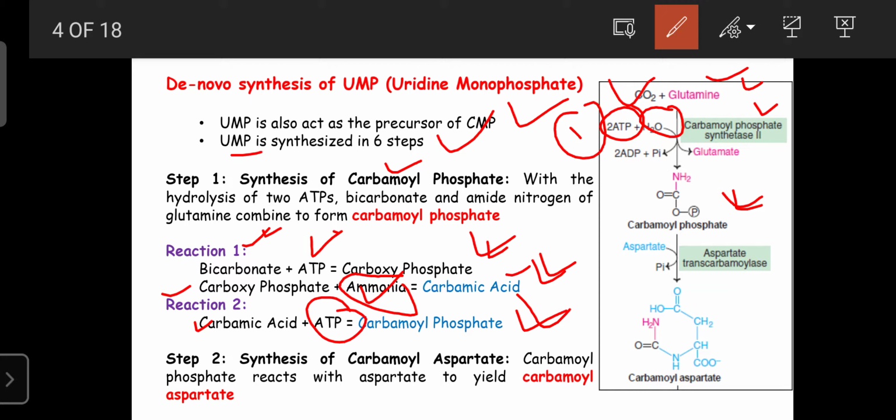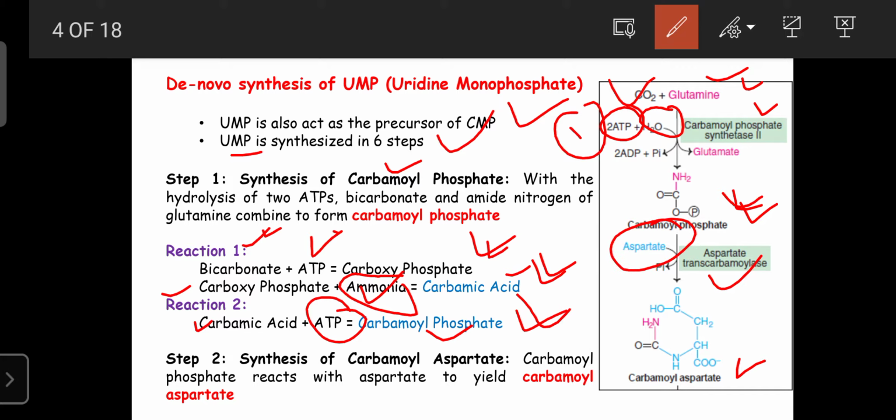Step 2 is the synthesis of carboxyl aspartate. Carboxyl phosphate can be converted into carboxyl aspartate by the enzyme aspartate transcarbamylase. This enzyme can convert carboxyl phosphate into carboxyl aspartate by utilization of the aspartate.